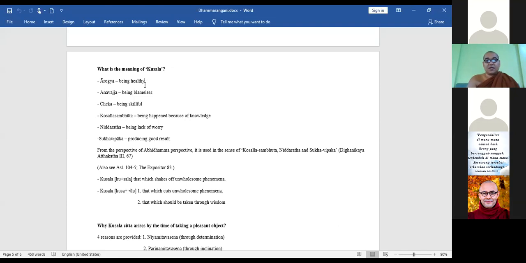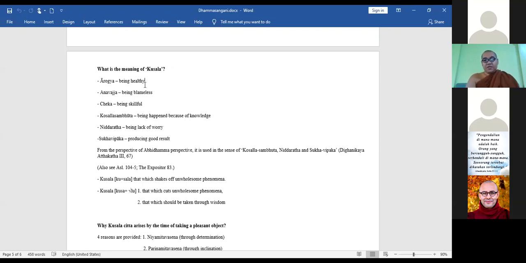In the Suttanta cases, for the kusala, the meaning of blamelessness is mostly used. Then for the Abhidhamma case, Cheka or Kosala Sambuddha, Niddarata, and Sukha Vipaka are mostly applied.